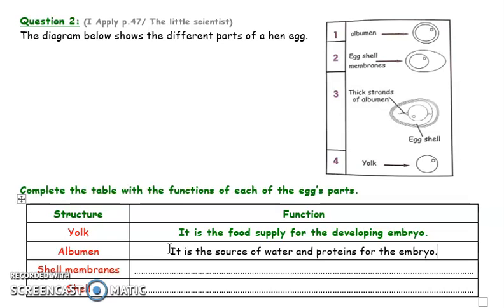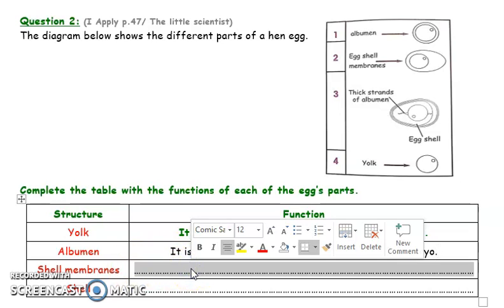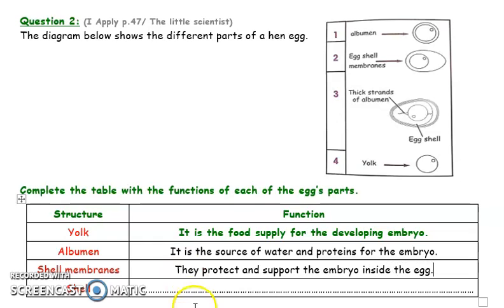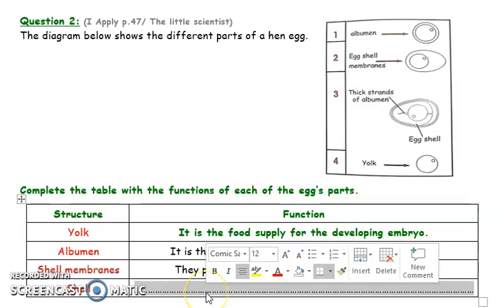What about the shell membranes? The shell membranes act as a support for the egg, so they protect and support the embryo inside the egg. Birds' eggs have special shells.